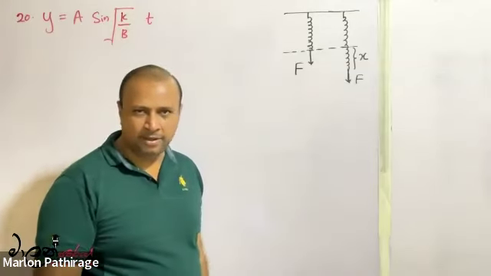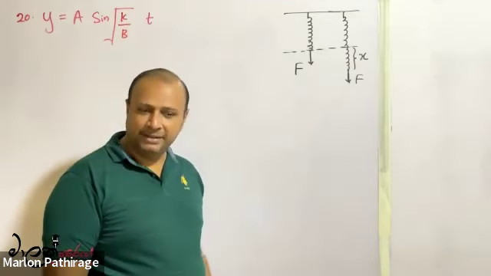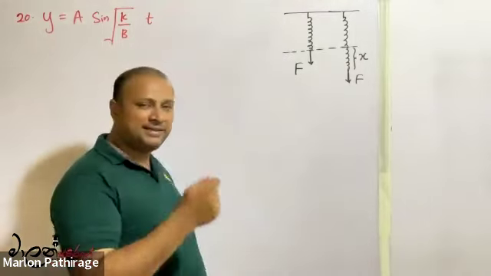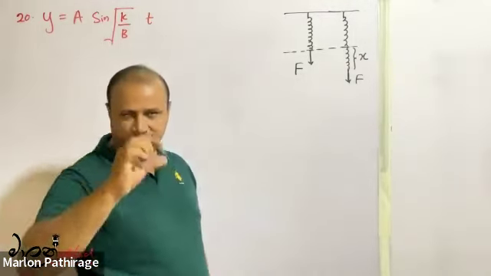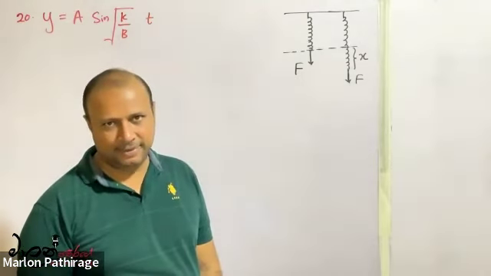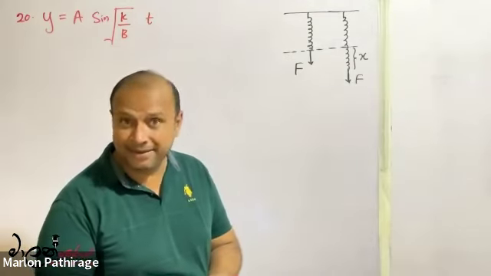If we apply a high force, we can have a longer elongation. If we exert a small force, we will have only a very small elongation. Therefore, the elongation depends on the force as well as the material.